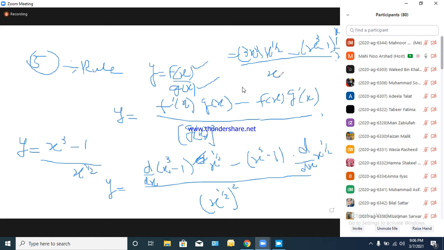There is no space to write here. You can write here x raised to the power, sorry, minus 1 by 2. 1 by 2 minus 1 will be equal to minus 1 by 2. And then you can simplify that. Is that clear, students?